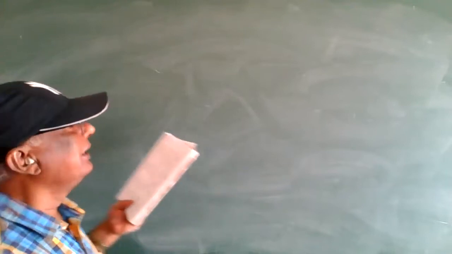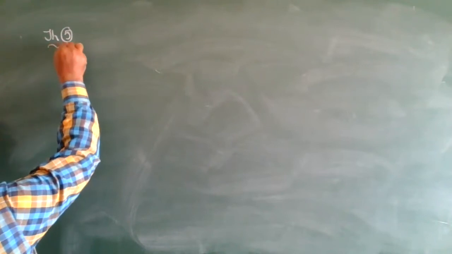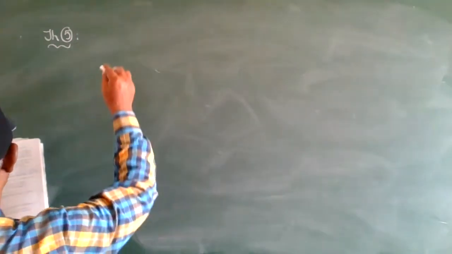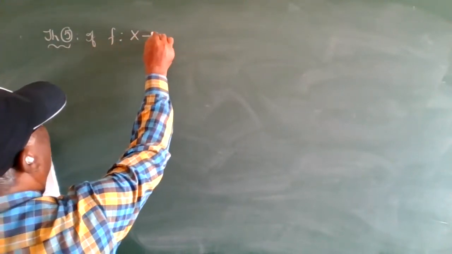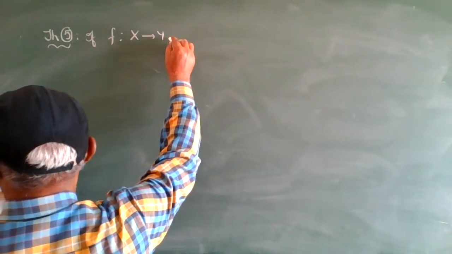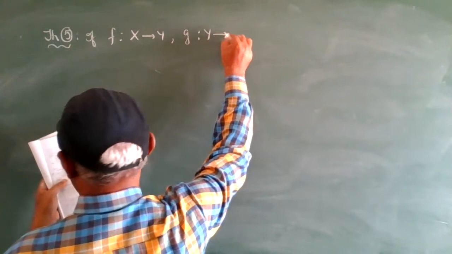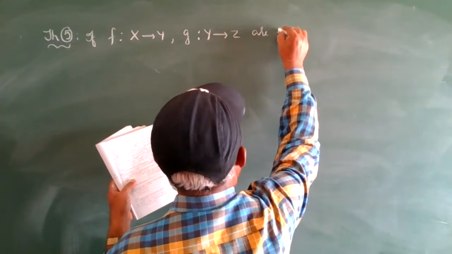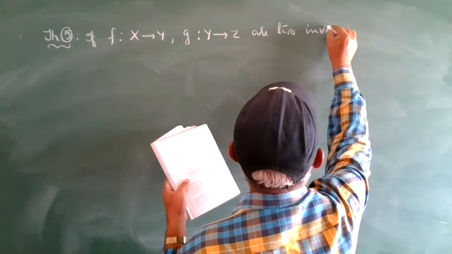Everyone see theorem number 5. What is theorem number 5? If F maps X to Y, and G maps Y to Z, are two bijective functions or two invertible functions.